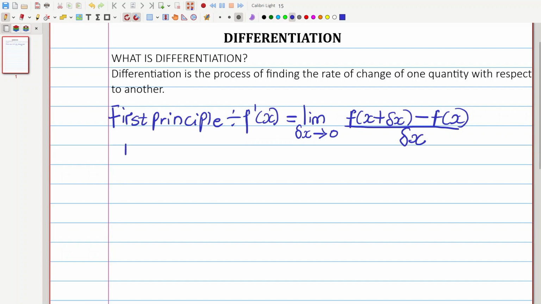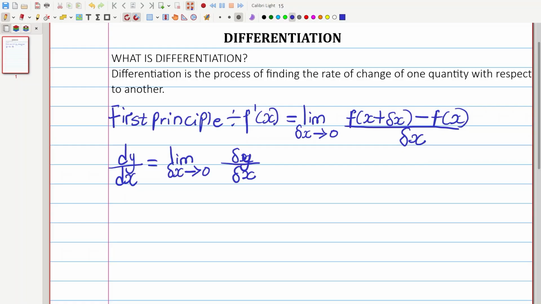Now note that dy/dx is equal to the limit as delta x tends to 0 of delta y all over delta x.